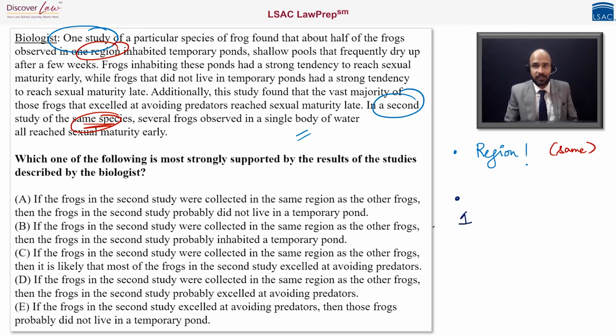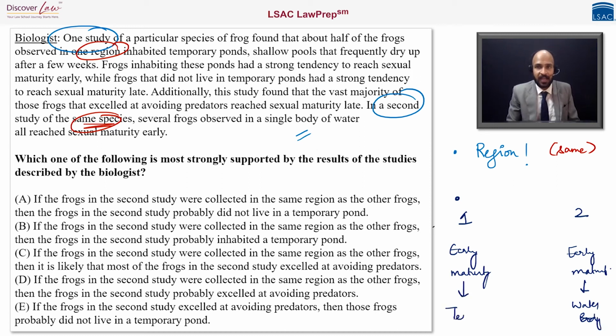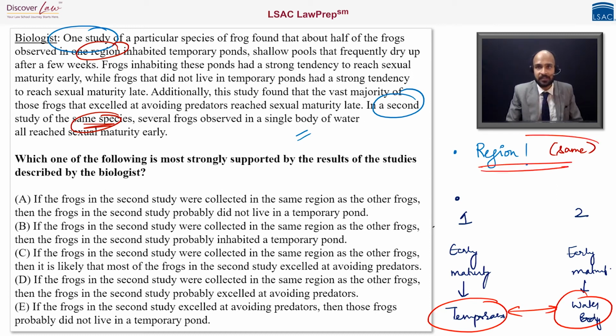The first study talks about early maturity in a certain case. The second study also has the result of early maturity. Early maturity here has happened in a certain water body, and early maturity here, according to the first study, happens in a temporary pond. So we are looking to find something that might relate these two.